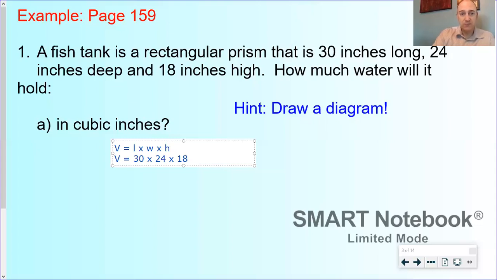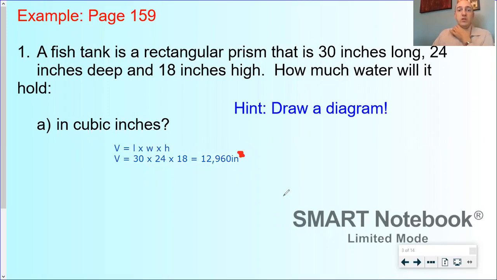Times 18. And if I pull up my calculator and do those calculations, 30 times 24 times 18 is 12,960. And this is going to be inches, and those inches are going to be cubed.